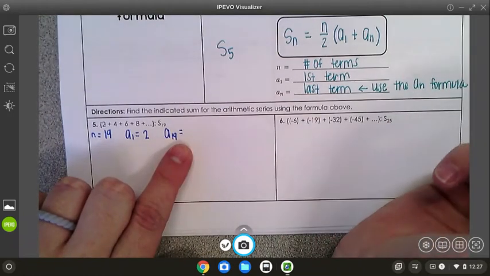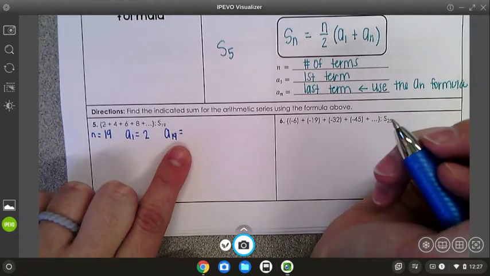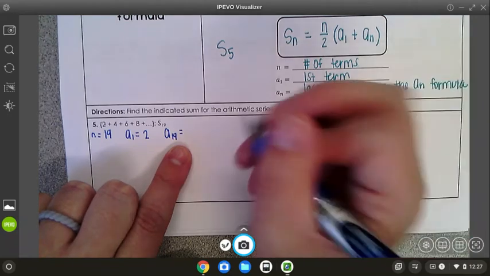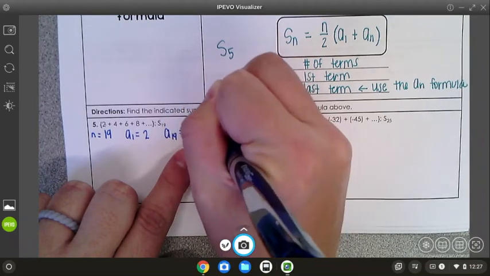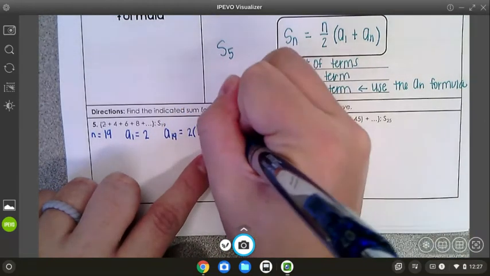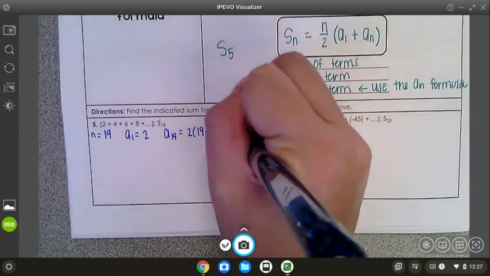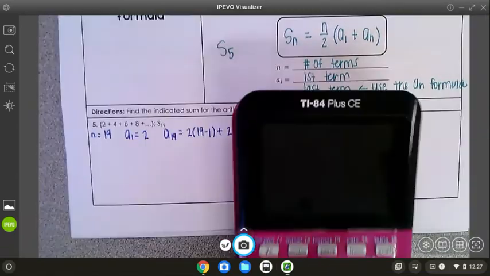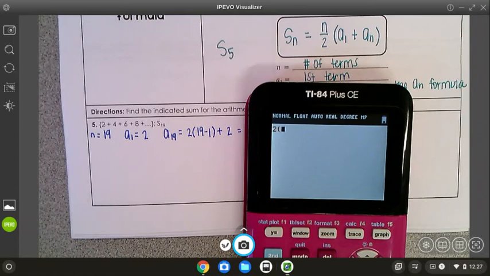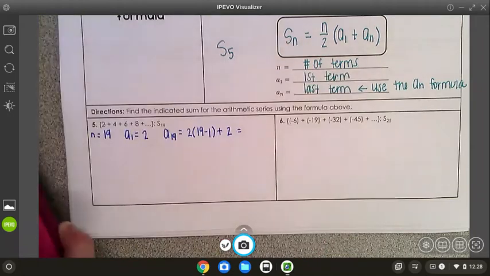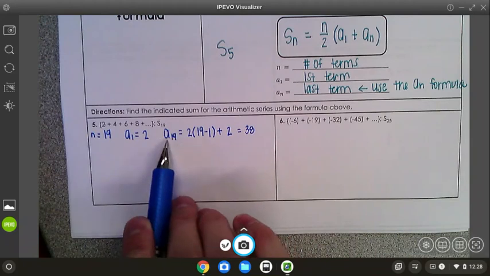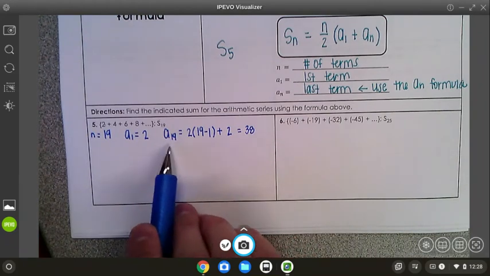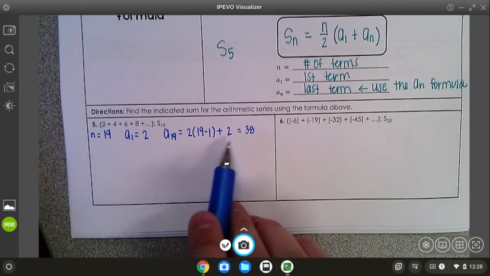So going back to our formula, we have our common difference, which is 2. And then in parentheses, 19 minus 1, plus my A1, which is also 2. And we get 38. So remember, for this part, we had to use the d times n minus 1 plus A1 formula.